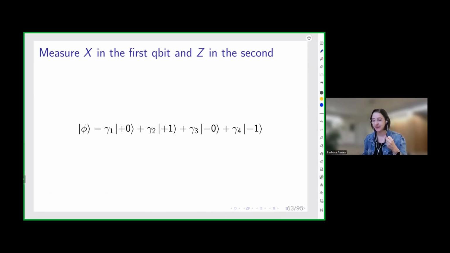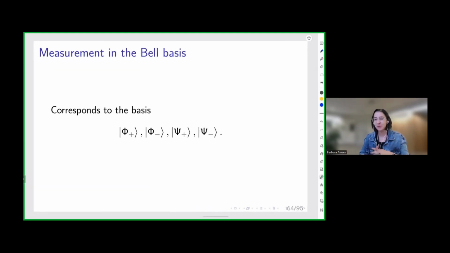Okay? Okay, now let's go to a bit more complicated measurement. And it's a measurement that corresponds to this basis here. Remember that these vectors are entangled. So it is not possible to implement a measurement that has these states as eigenvectors locally.